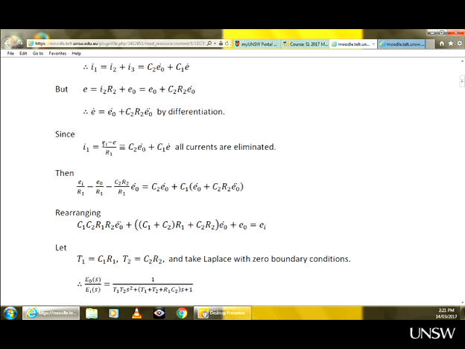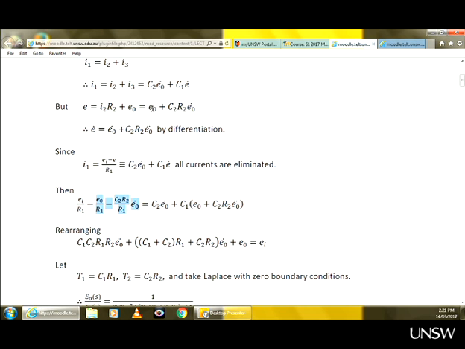Okay, so now focus on this part. EI over R1 minus E over R1 minus, we are bringing some variables to the other side, C2 R2 over R1. Sorry, to explain this a little bit better. E equals EO minus C2 R2 EO dot. So instead of E, we are writing what we know about E. Here, E is a function of EO, and we are happy with that.